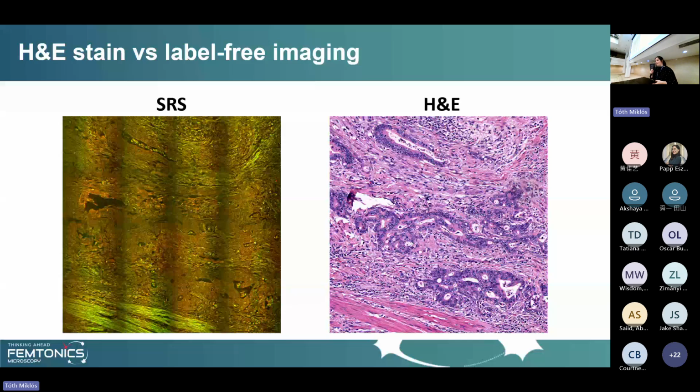Okay, at the right-hand side, if you are not familiar, I would like to show you how a hematoxylin eosin stained sample looks. It has an excellent morphological contrast, and sometimes it is possible to generate a hematoxylin eosin-like image from raw SRS data.